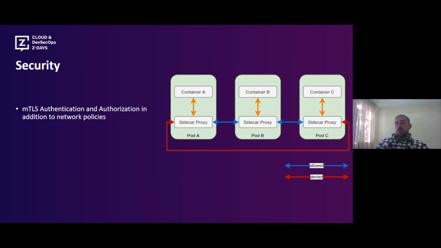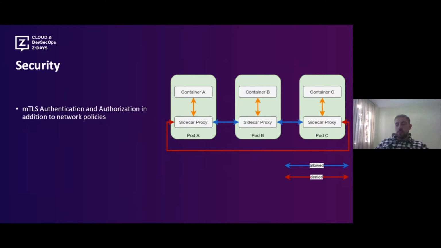And that is very time consuming and takes a lot of effort, especially at large scale when you're running a microservices platform with hundreds or thousands of services, and you need to maintain the same mechanism for authentication and authorization between your services. So with service mesh, it's very simple to do that.